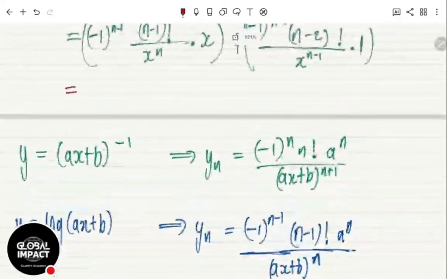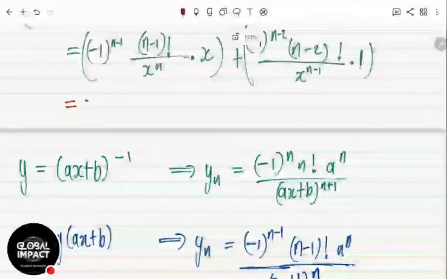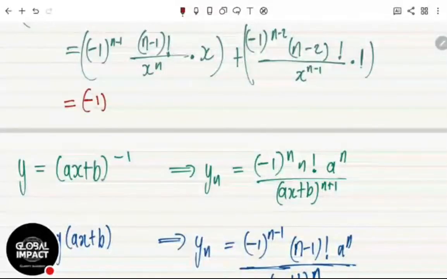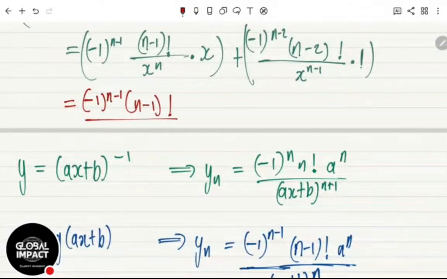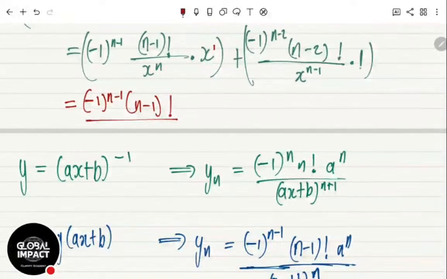You still have the same values: (n-1) factorial all over x^n times x. Here you can say the bottom minus the power on the top, because they have the same base. This is the power of 1. You can have it as x^{n-1}. You can put it like this.